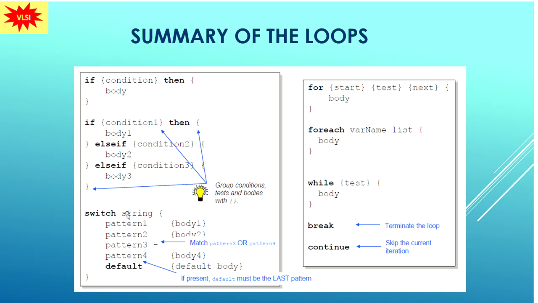Let's say I have 3 colors: red, green, yellow. Color is my variable which has these three values, and I want them to be checked one by one. If it is red, I want puts stop. If it is green, I want puts go.